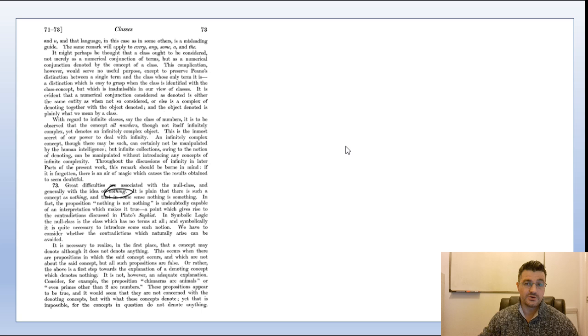Okay, so Russell's view is that when a description is used, such as the present King of France, which a denoting concept is used which doesn't denote, then any proposition about that thing that is not denoted will be false. Or rather, the above is a first step towards the explanation of a denoting concept which denotes nothing.